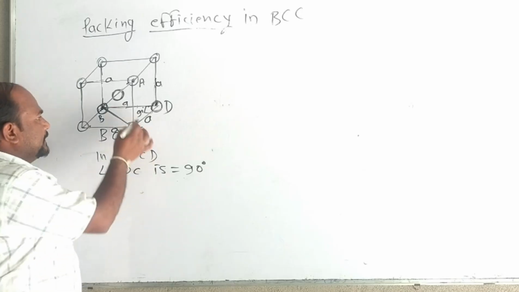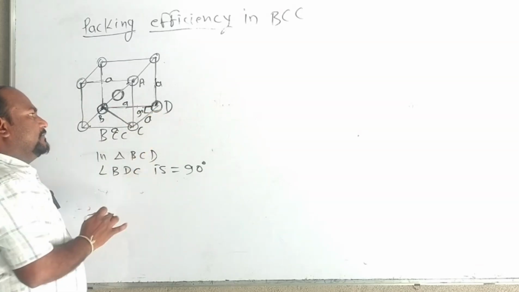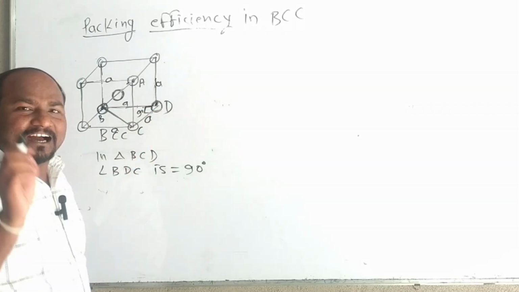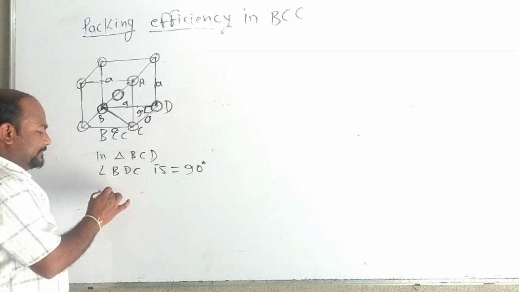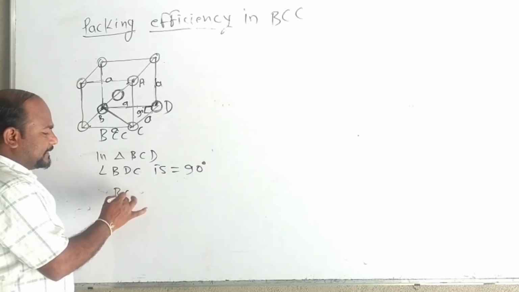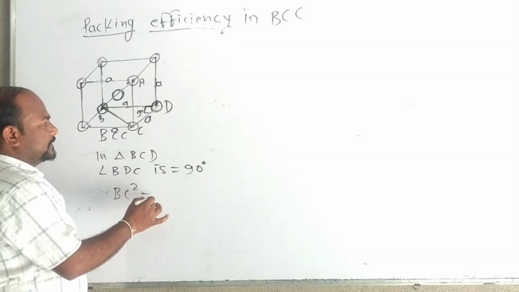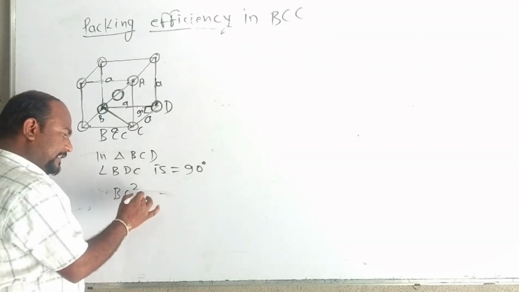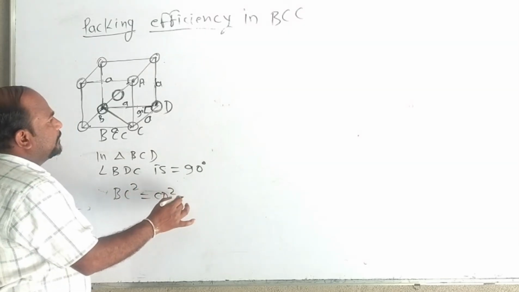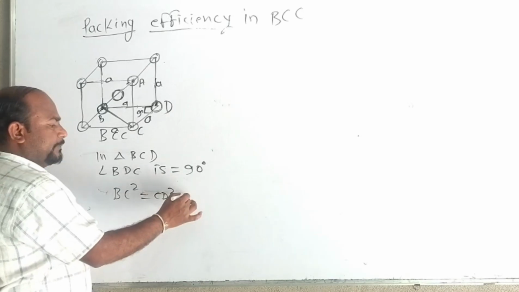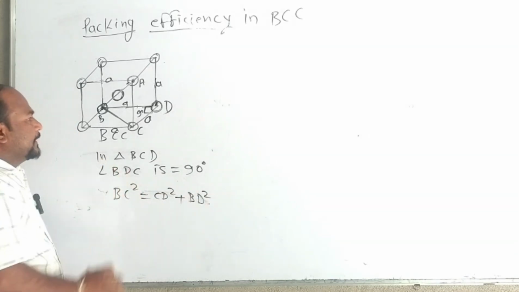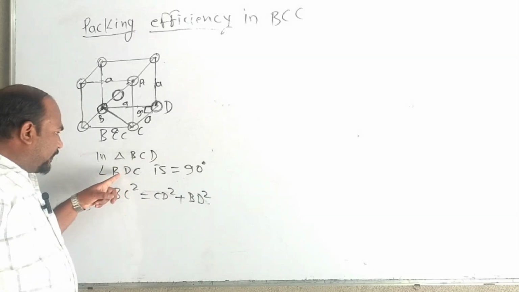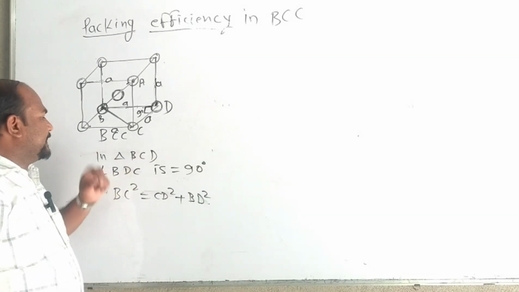Now, if this is a 90-degree angle, then according to Pythagoras theorem, BC square is equal to CD square plus BD square. Okay. So this is applicable only for this triangle BCD.